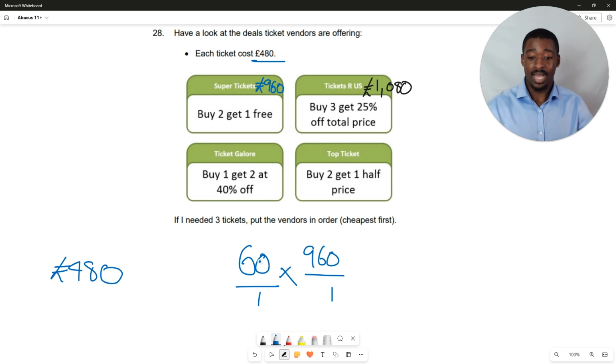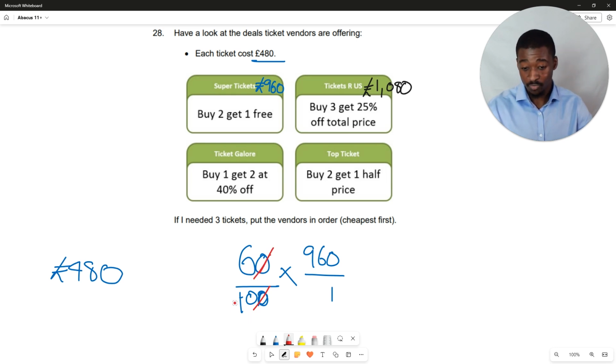So now let's work out that 60%, 60 over 100, that we're paying of the 960. So let's do some cancellation, some simplification of fractions. So first we can take out a common factor of 10 and cancel those zeros.